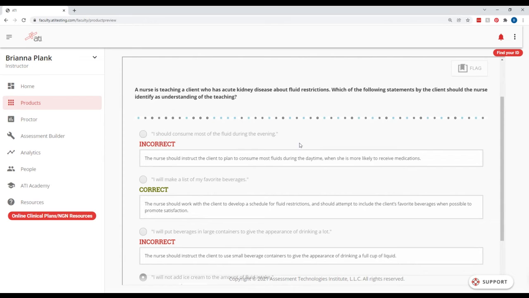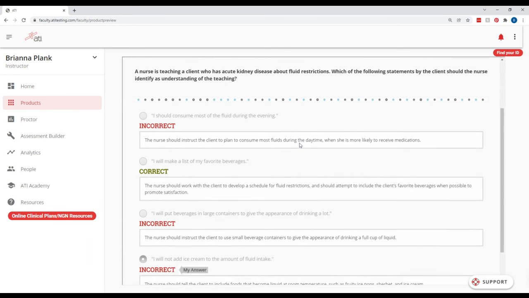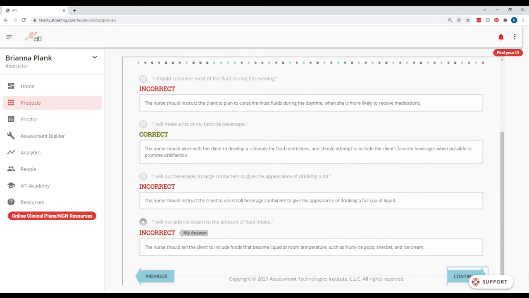We don't want to consume most of the food during the evening. We want them to kind of keep it balanced throughout the day. Make a list of their favorite beverages, kind of plan out what they're going to drink during the day. Sounds like a good plan. We want them to use a small container. If you put a little bit in a large container, it would look like more in a smaller container.